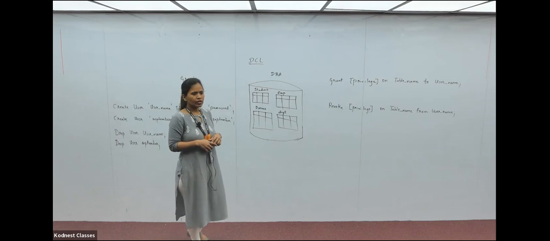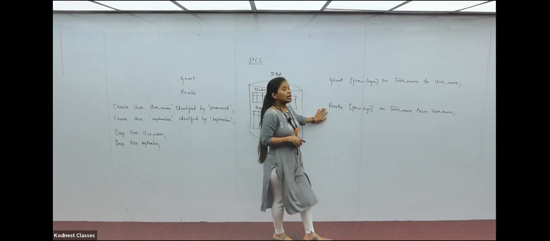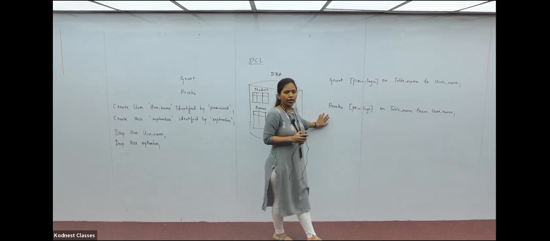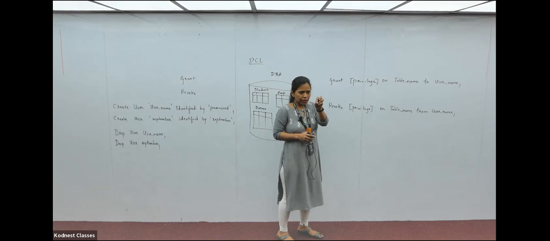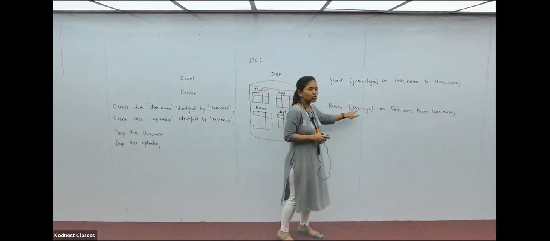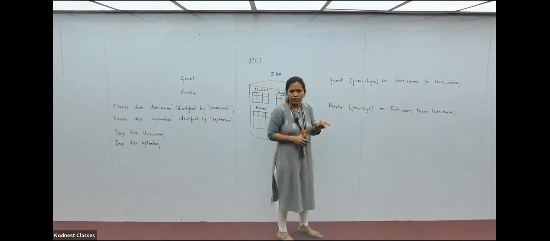Completed? Syntax. And dear students, say suppose you want to give all the privileges, every privilege whatever the administrator is having. Then you can just write star here. You don't want to give a particular privilege, you want to give all the privileges, then you can use star, because star indicates all in SQL.